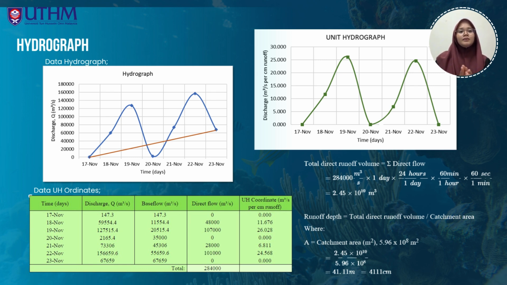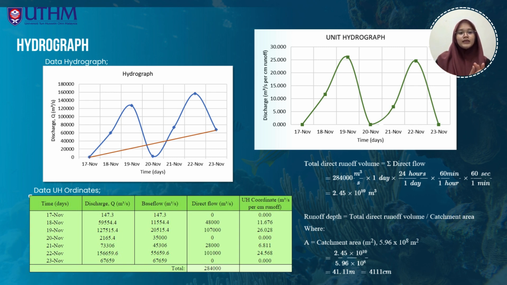Before we calculate the UH ordinate, we must find the direct runoff volume and runoff depth. Total direct runoff volume is the total direct flow that we convert to cubic meters. For this graph we obtained 2.45 × 10^10 m³.